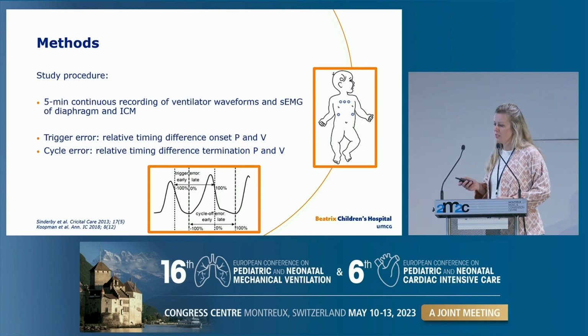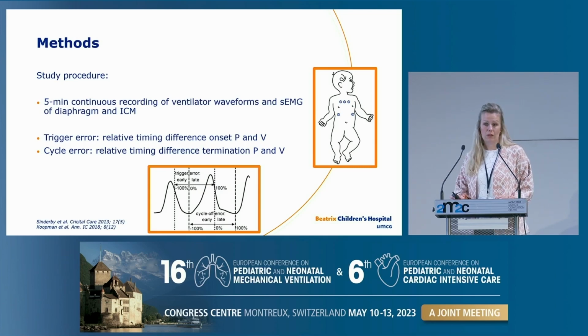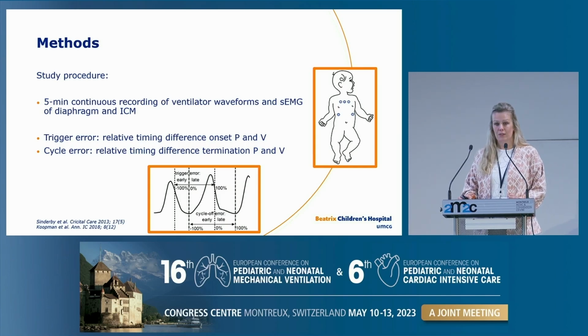2 electrodes were placed bilaterally at the costo-abdominal margin in the nipple line, and 2 electrodes were placed in the second intercostal space at the right and left. With the obtained onset of the inspiration and the obtained onset of the ventilator, we could define the trigger error as the relative timing difference between the onsets and the cycle error as the relative timing difference of the termination of the inspirations.